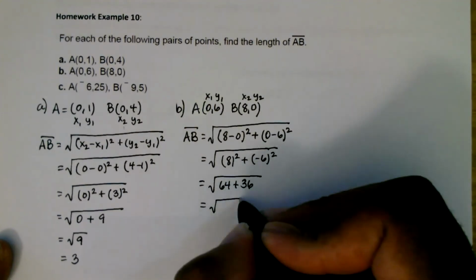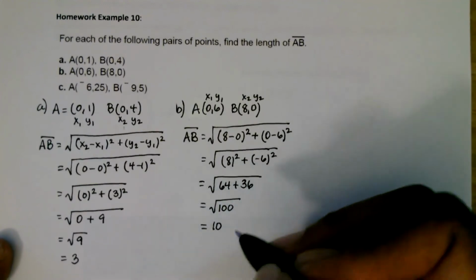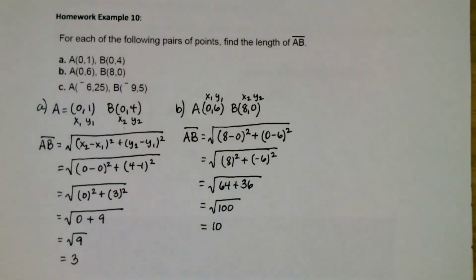So 64 plus 36 is 100, and the square root of 100 is 10. So the distance between those two points, A and B, or the length, will be 10.